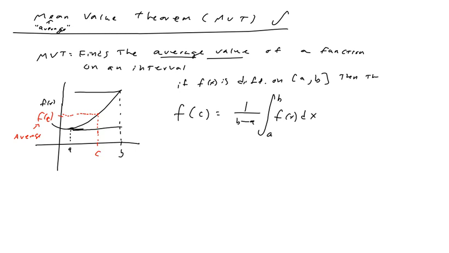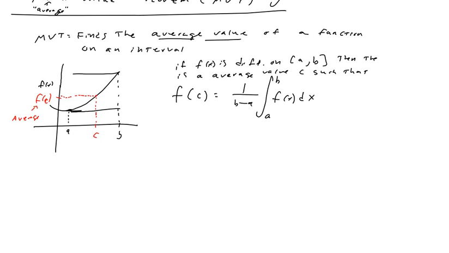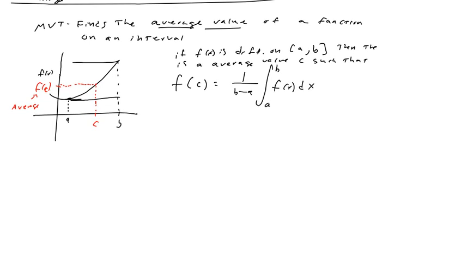Then there is a c, an average value c, such that f of c is this average here. So the mean value theorem finds the average value of a function. These are the notes for the assignment.